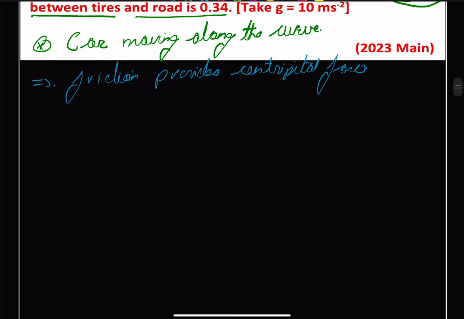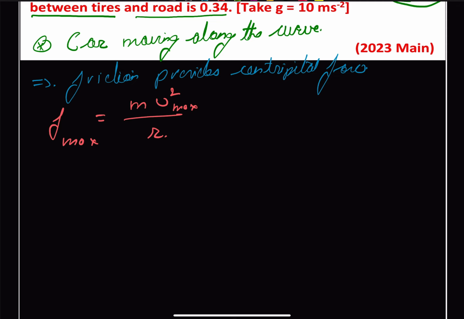That is, if the friction is represented as Fr, or we can say F max, much more convenient, it will be equal to mass times maximum velocity square over the radius.